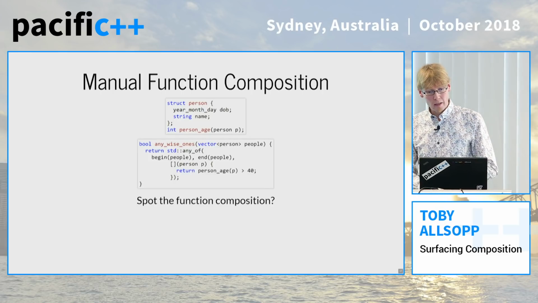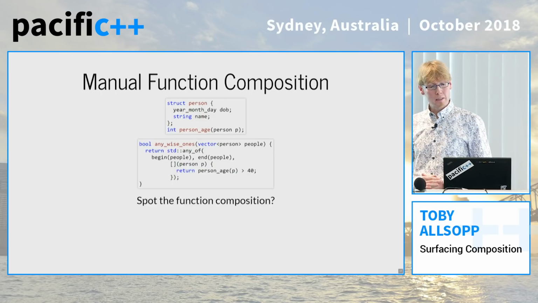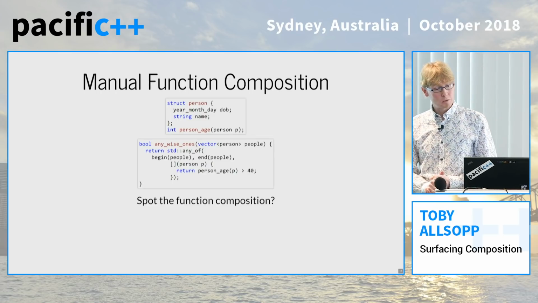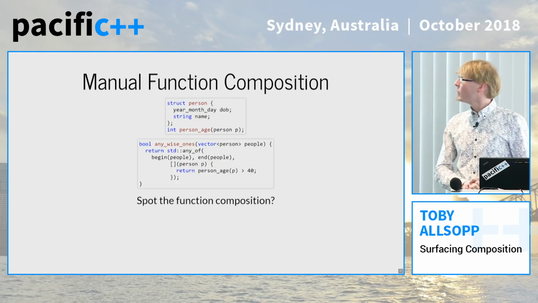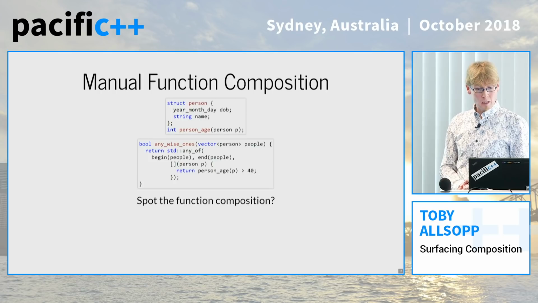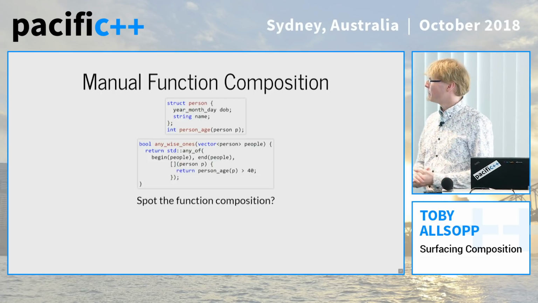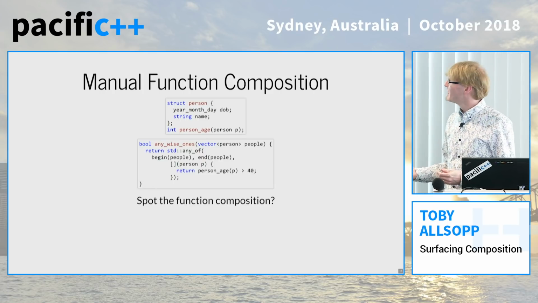So let's look at a slightly more complicated example. So now we're going to take a vector of people, well, a vector of person objects, and we're going to use a possibly slightly flawed heuristic here to figure out if any of them are wise.